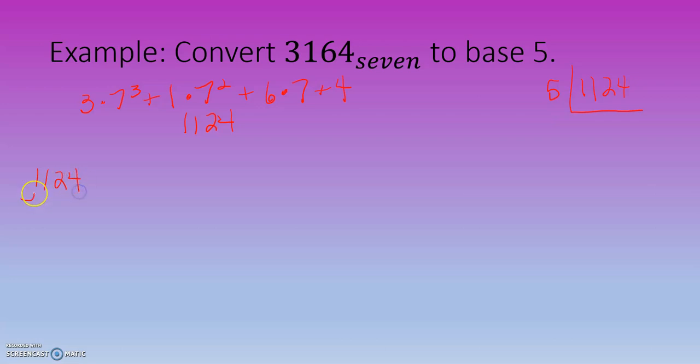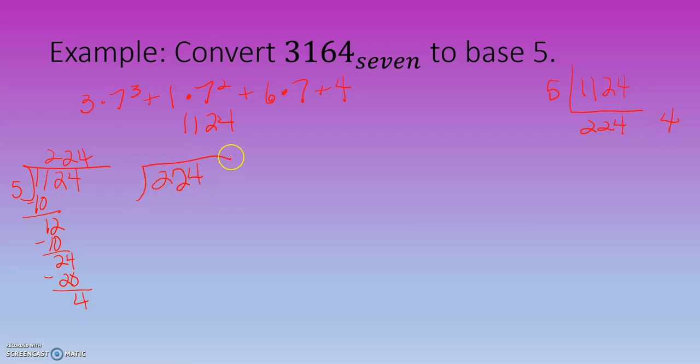1,124 divided by 5. 5 goes into 11 2 times, into 12 2 times, and into 24 4 times. 224 is our quotient, 4 is our remainder.